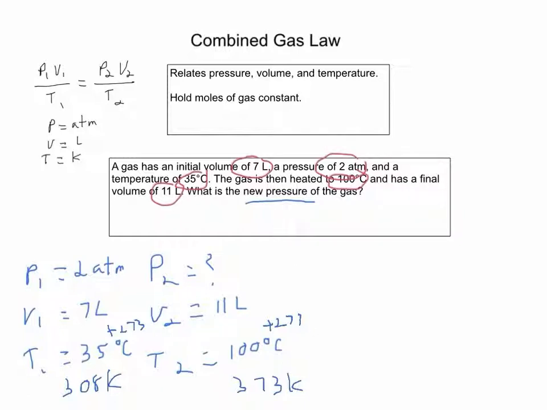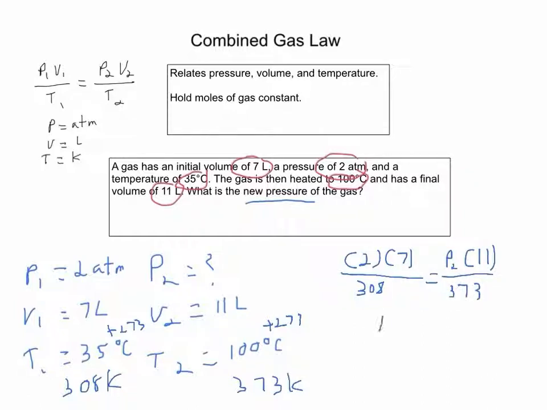So P1 is 2 times V1, which is 7, all over T1, 308, equals P2, we don't know, times V2, which is 11, all over 373.